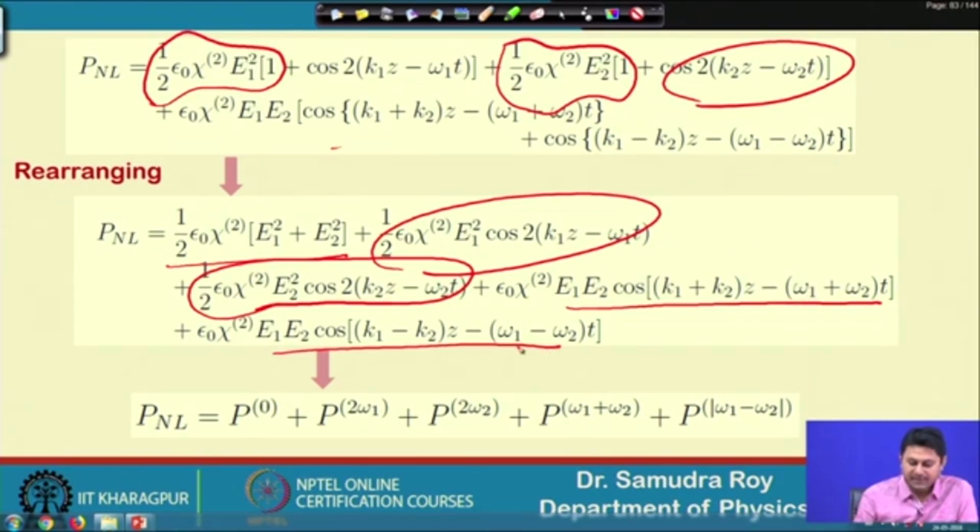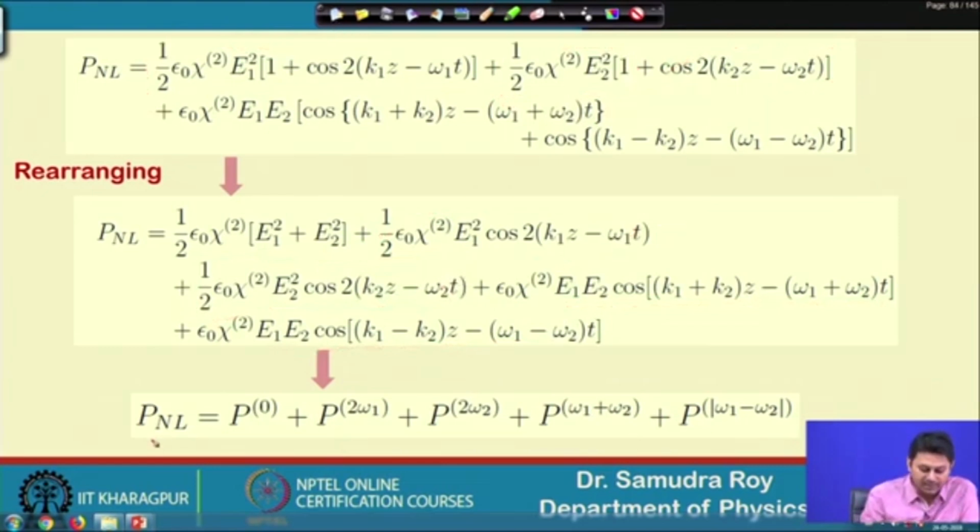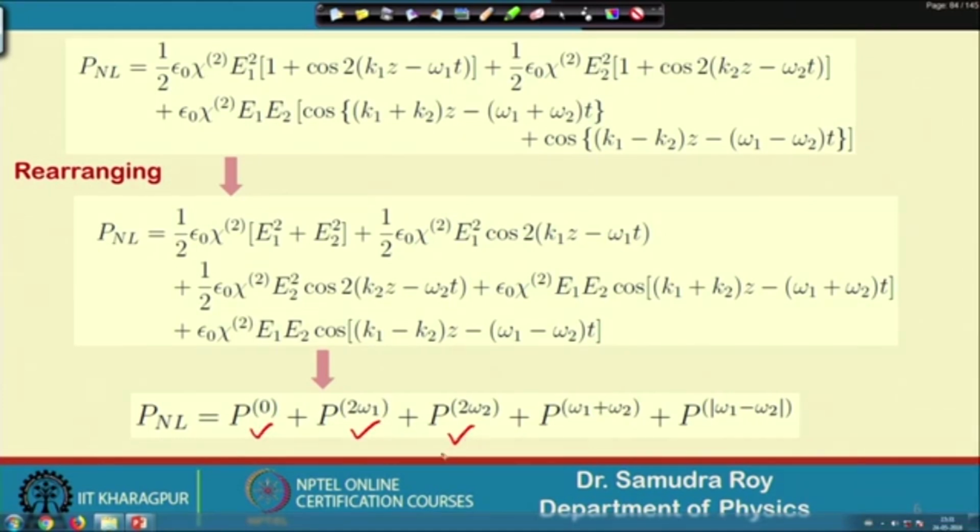So, if I again write these things, we have already written in the previous slide that P nonlinear now contains a null frequency, a frequency of 2 omega 1, a frequency of 2 omega 2, a frequency of omega 1 plus omega 2, and a frequency of omega 1 minus omega 2.